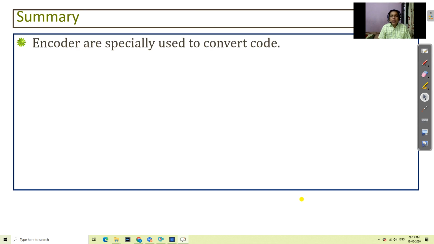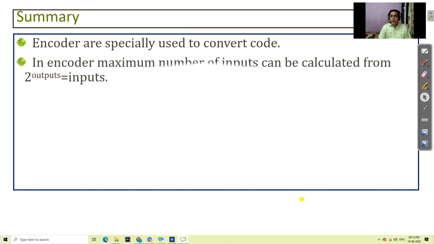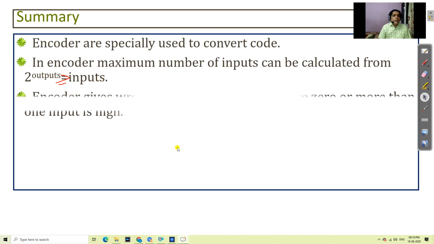So let us summarize all the points. Encoders are specially used to convert code. In an encoder, the maximum number of input lines can be calculated from 2 raised to outputs is equal to inputs. Rather, I can modify this formula as 2 raised to outputs may be greater than or equal to the inputs, depending upon the application.